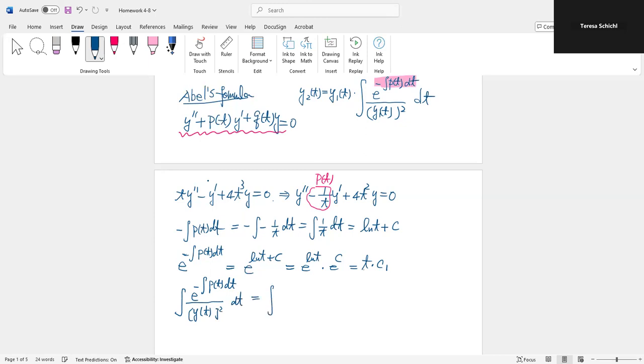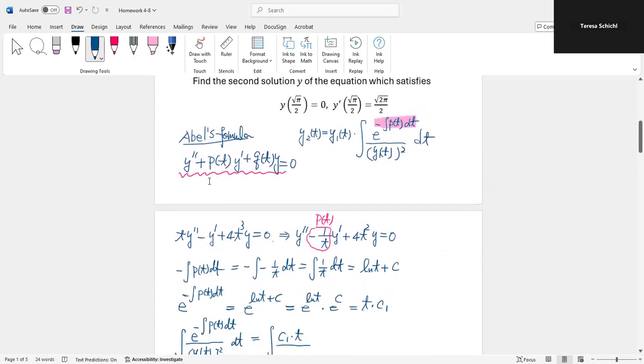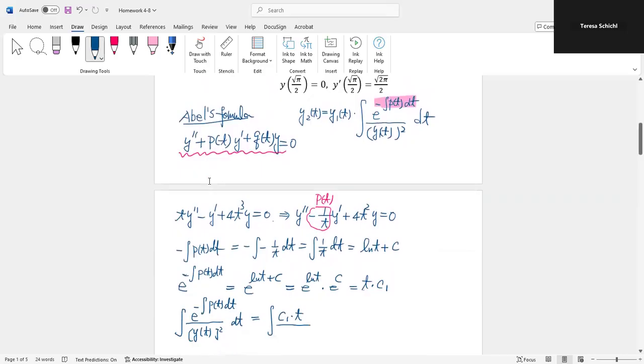The top here will be c1 t. Then y1(t), the given solution, is sine t squared, and the whole thing is squared, dt.